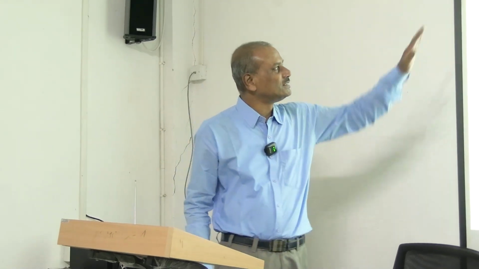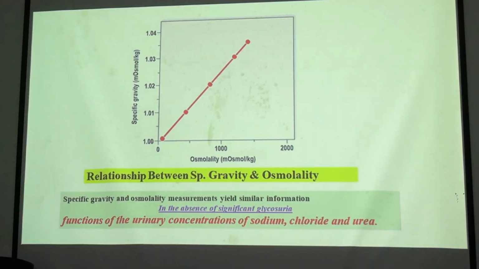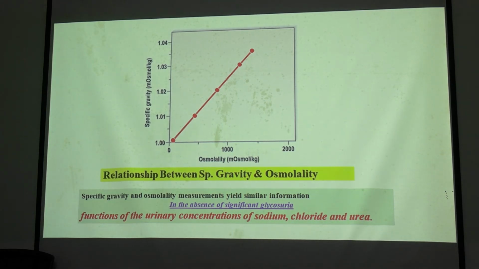Anyway, so urinometer is for specific gravity. So there is a relationship between specific gravity and solute. You know what specific gravity is basically? Specific gravity is the density of one substance compared to the density of water. So if water doesn't have anything in it, the specific gravity will be 1.